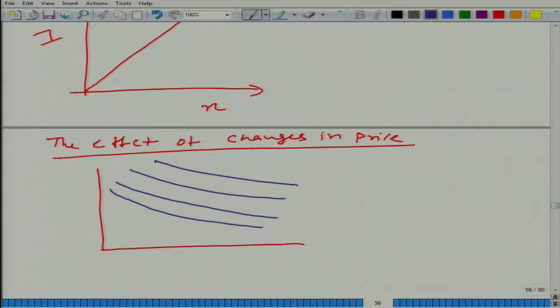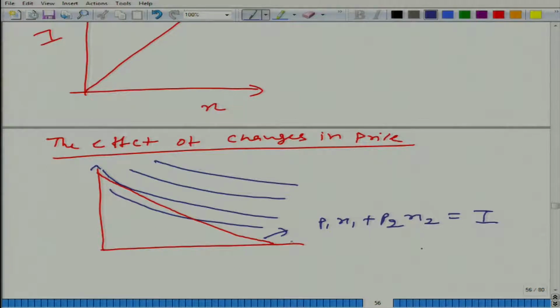Okay. Let us say this is the budget line. Now, what is this budget line? This is P1 x1 plus P2 x2 is equal to I.